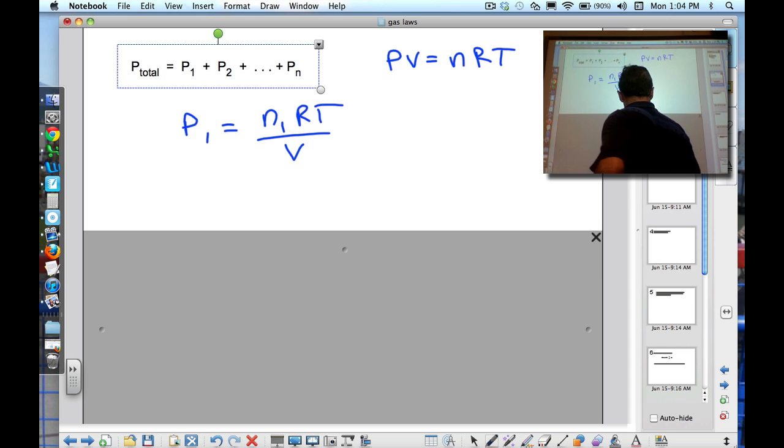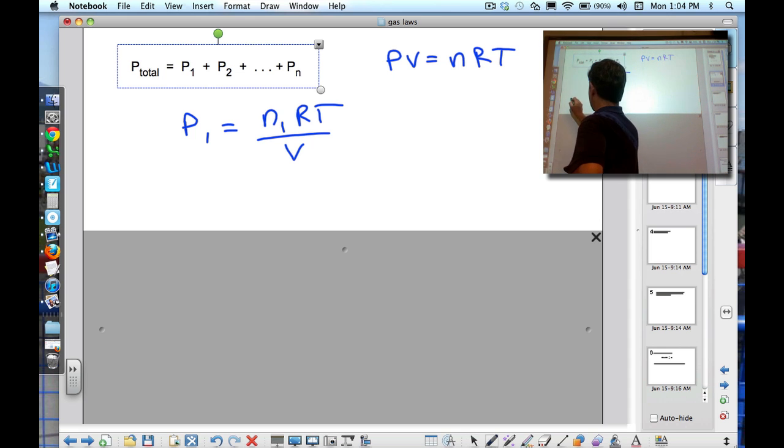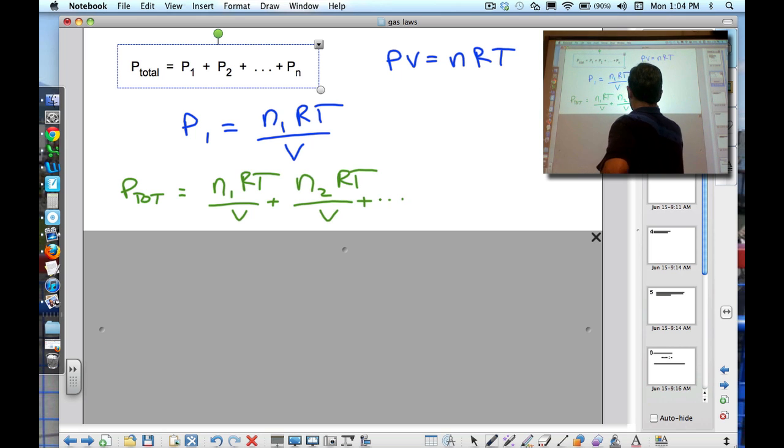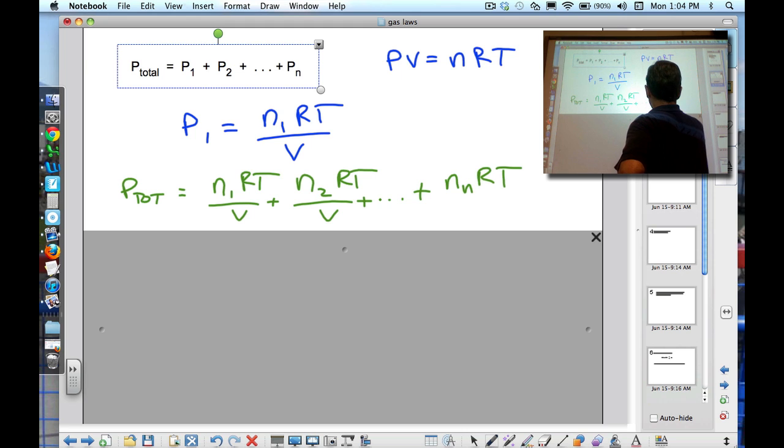Well, I can simply now write out Dalton's law of partial pressures as follows. The total pressure is the moles of gas number 1 times RT over V plus the moles of gas number 2 times RT over V plus dot dot dot plus the moles of the nth component, however many components there are, times RT over V.